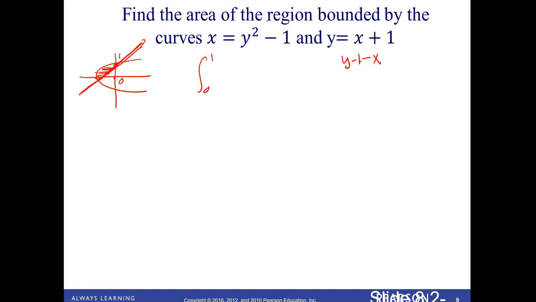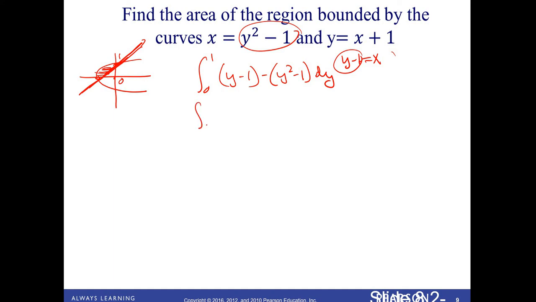And then this one is already written as x in terms of y. So the right-hand curve is my y minus 1, minus my left-hand curve, y squared minus 1, dy. So everything is in terms of y. I'm reading right to left as opposed to top to bottom.